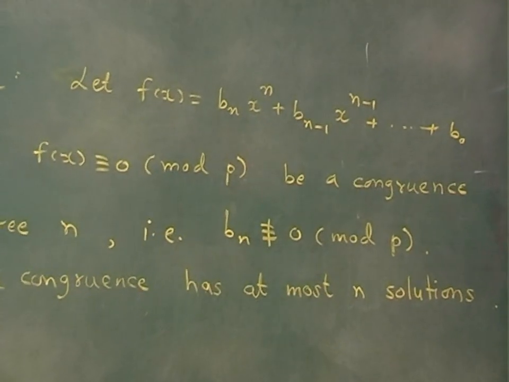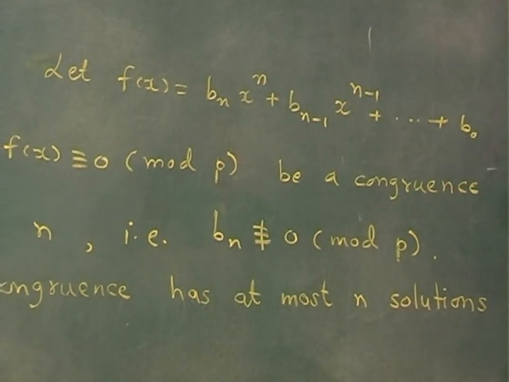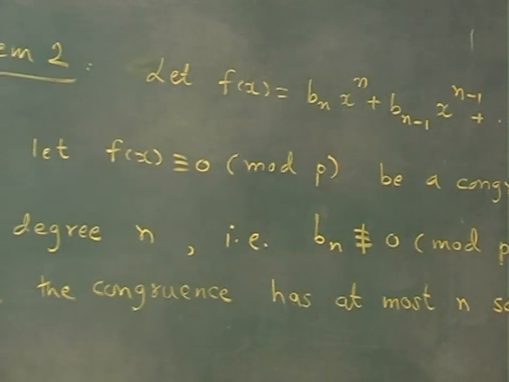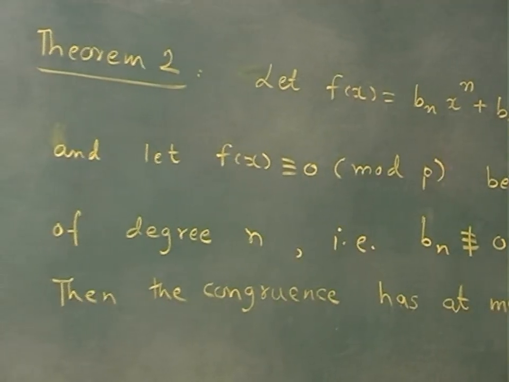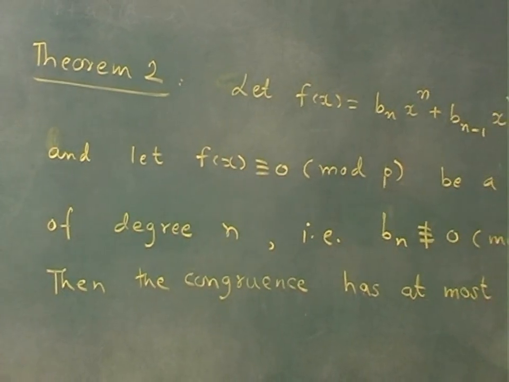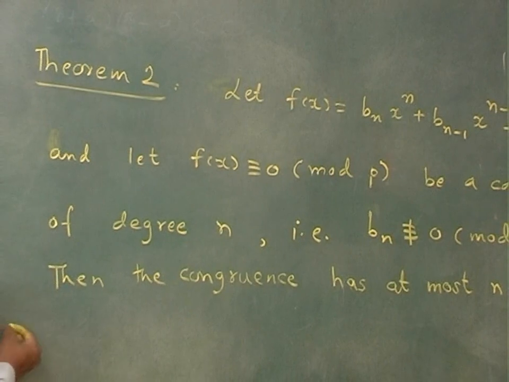In fact, the polynomial can be of higher degree as a polynomial, but the degree of the congruence is suppose n.